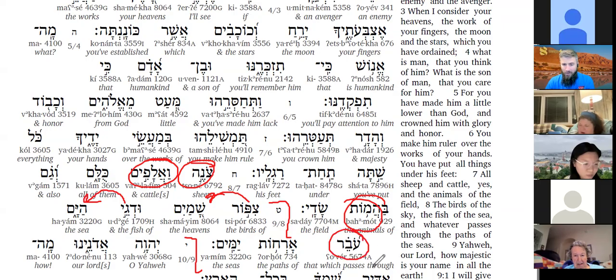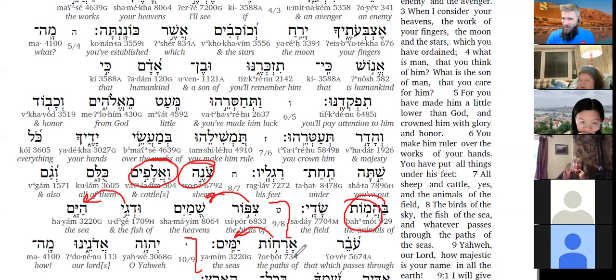It's crossing over. Orchot, an orach is a path, a way. Later oreach becomes a guest because he's a waygoer. But here it's referring to paths of the sea. Are there paths in the sea? Sea routes?